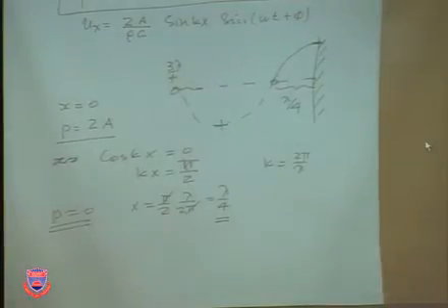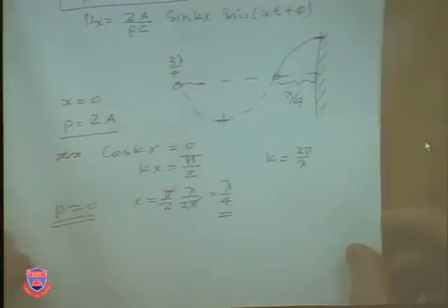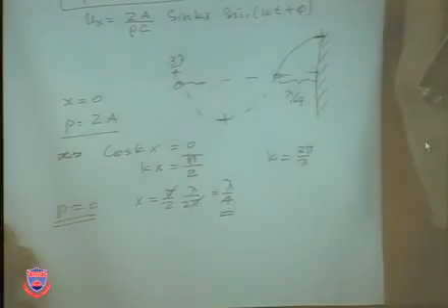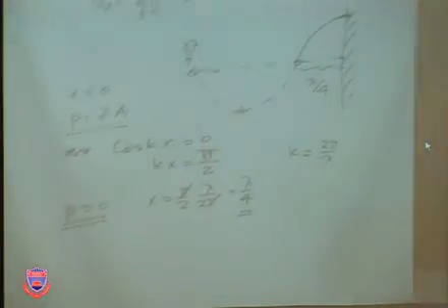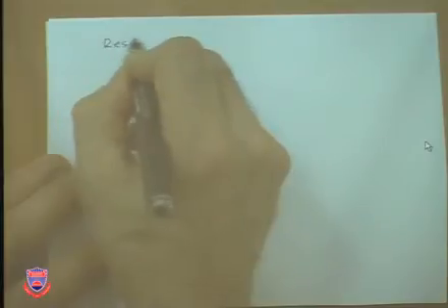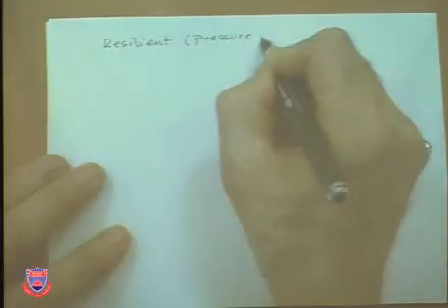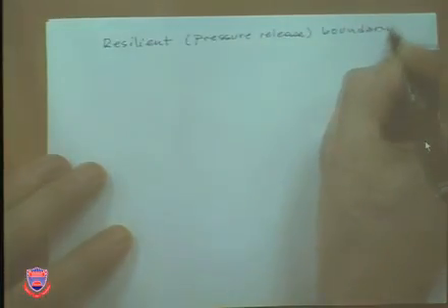Let me do a quick derivation for the pressure release or a resilient boundary. Now we did the rigid surface or rigid boundary. Now let's do a resilient, or in acoustics terminology, pressure release boundary. What does this mean?